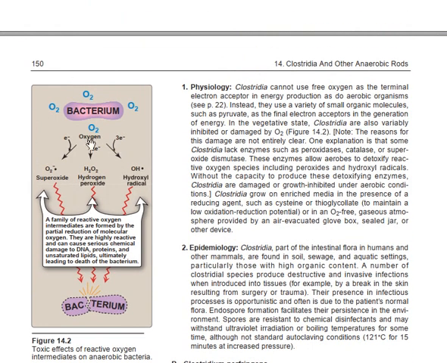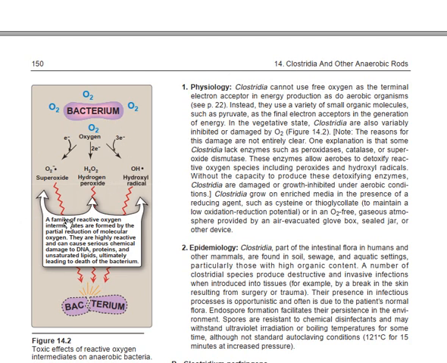Let's say there is oxygen at the level of the bacteria. Oxygen can bind with one electron to produce superoxide, with two electrons to produce hydrogen peroxide, and with three electrons to produce the hydroxyl radical.